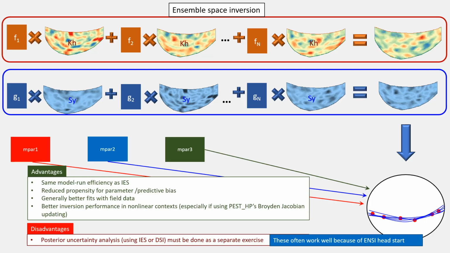If we've attained a minimum error variance parameter field and a good fit with the data, how we do uncertainty analysis after that can be done in a way that retains that high level of fit. So we continue to fit the data well if we do it right, while sampling the posterior probability distribution of our parameters following our original ENSI run.